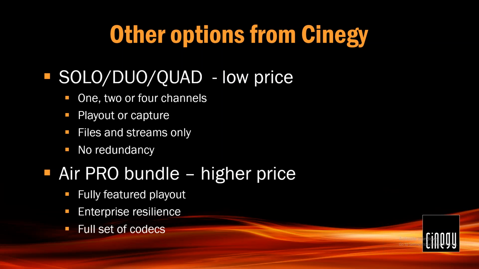It includes licenses for Dolby and DNX HD, which, since we have to pay for those, we don't include with the basic TV PAC, and it has full support for things like enterprise resilience, which TV PAC doesn't. But then again, you are paying the same for a playout as you are for a TV PAC, and you're not getting the other pieces of it. So something's got to give somewhere.